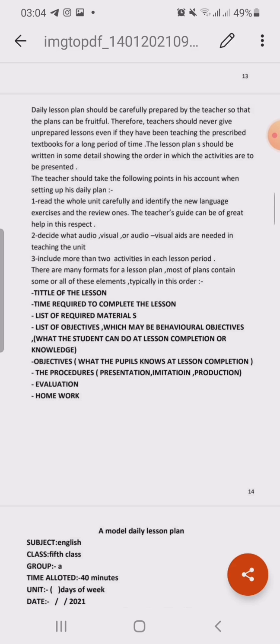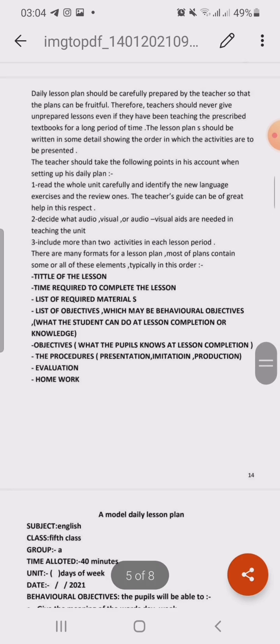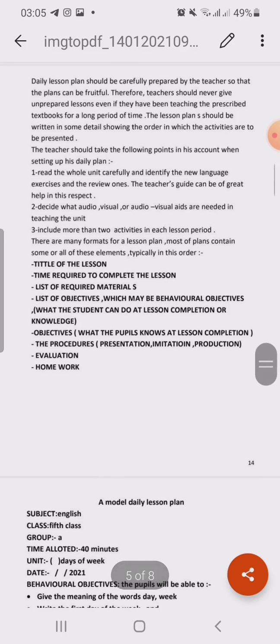Therefore, teachers should never give unprepared lessons even if they have been teaching the prescribed textbooks for a long period of time. The lesson plan should be written in some detail showing the order in which the activities are to be presented. The teacher should prepare the plan in advance so the results of the lecture are valuable and fruitful, and should not give a lecture without a prior plan, so that time is divided appropriately for each unit and lecture.